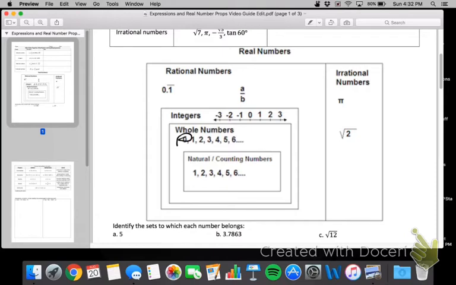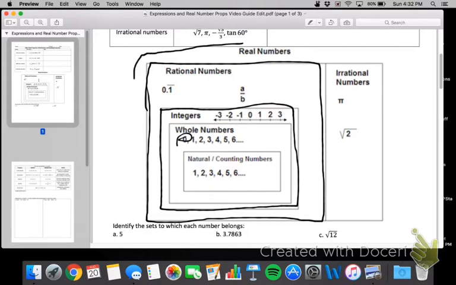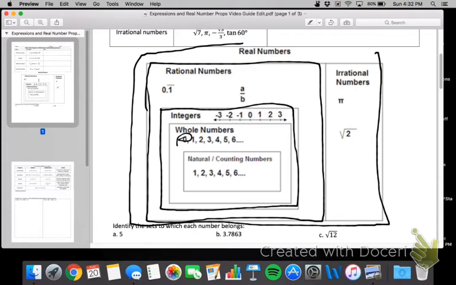But all of these natural numbers are contained inside this box that has only integers. And all of these integers are contained in this box that has all of the rational numbers. And then notice the irrationals are separate because they're not rational, so they're also not any of these other things. And then this entire thing falls inside the realm of real numbers. So all of the rationals and the irrationals make up the real numbers.